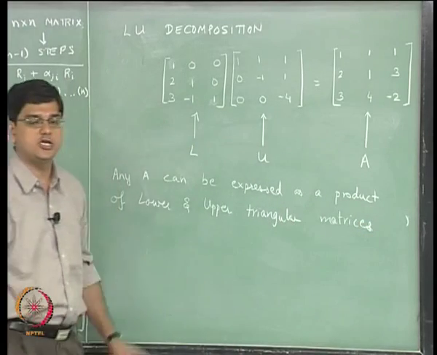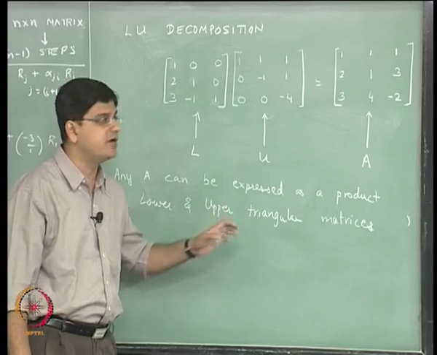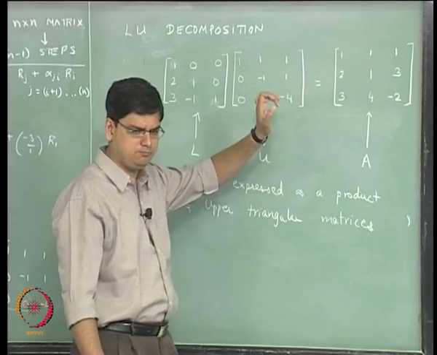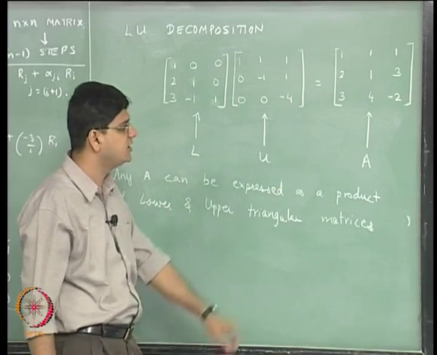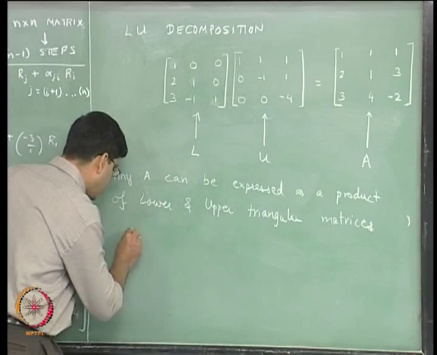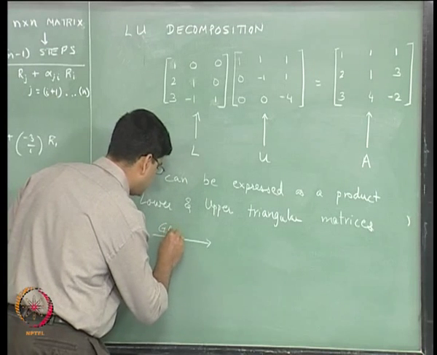Okay. The choice of the lower and upper triangular matrix is not unique. This is just one set of L and U matrices that we can get through the Gauss elimination process. Okay. So, we start with A and perform the Gauss elimination.